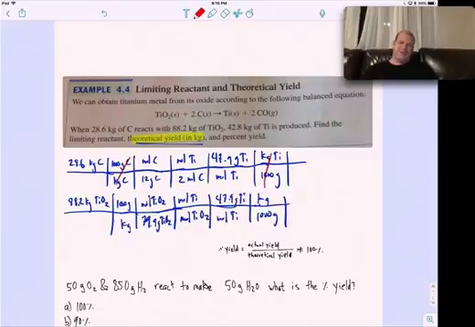A pound mole is the amount where, like carbon is 12, 12 pounds of carbon is a pound mole of carbon. It can be used commonly in industry. At least here in the United States, it's because we're weird. They don't do it anywhere else in the world. They use kilogram moles in other places in the world, but not pound moles.